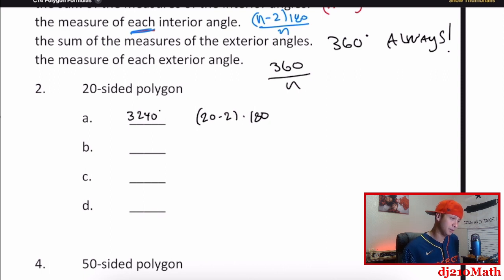Now I want to know how much each interior angle is. So I have to take that number and divide it by 20, the number of sides, because in this case, n is equal to 20. So divided by 20, I get 162 degrees.